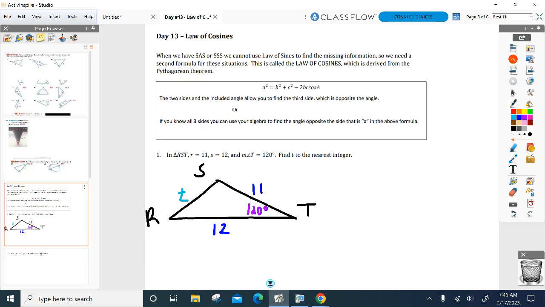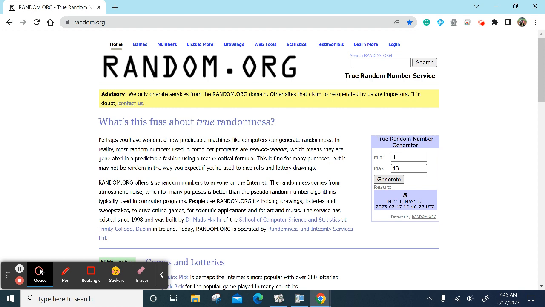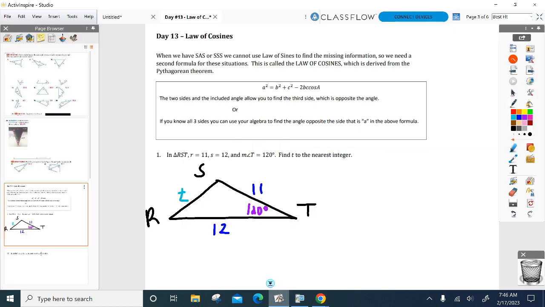All right, we start by plugging in the side across from the given angle. First thing I need from somebody, what angle did I give you? Angle T, so what's the side across? t. So right, we're going to start this off with t squared. Not 11 squared, not 12 squared, t squared, because it's the side across from the angle I'm given.